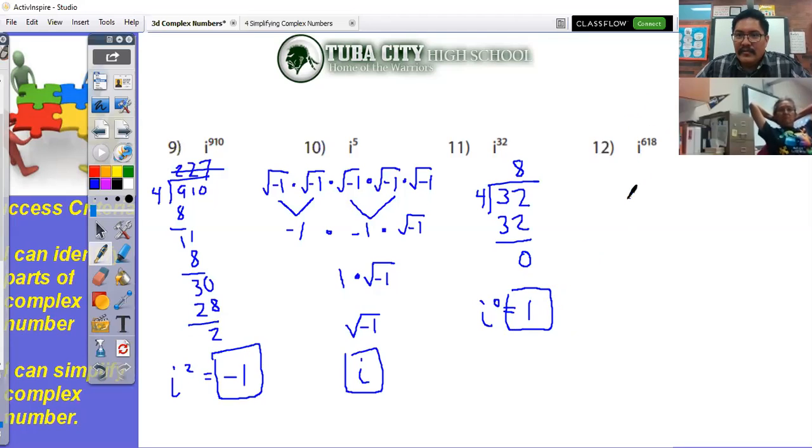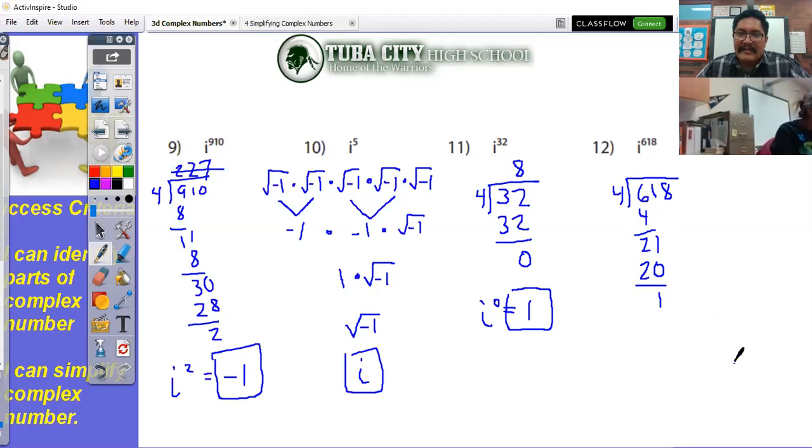Let's go ahead and do this one here. So 618, divide that by 4. All right, now start dividing. 4 goes into 6 one time. 6 minus 4 is 2. Bring that down. And going by multiples of 4, I know it's going to fit in there 5 times, which is 4 times 5, 20.